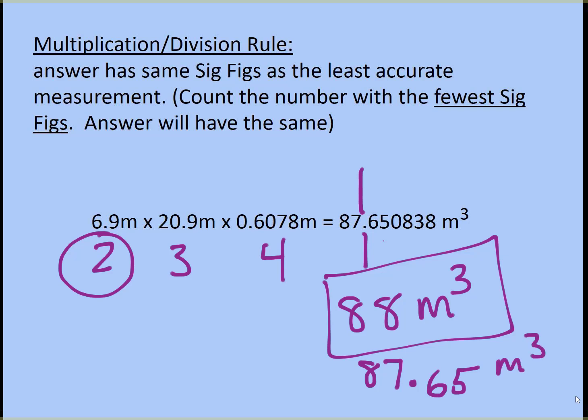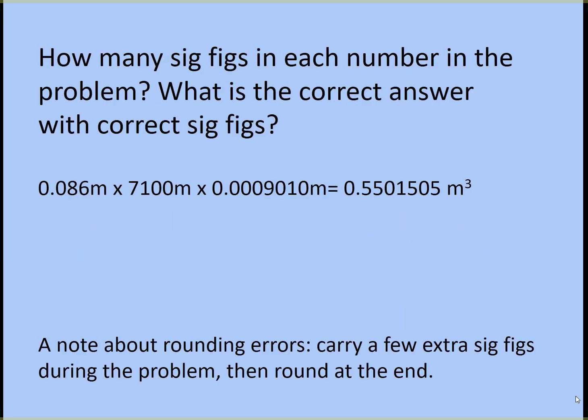So this is represented where it's kind of lower like that. It's telling me I only have 2 sig figs, and when I get all done, I'm going to round it. So it's just kind of a way to count how many sig figs you have, and then to maintain the number of sig figs in your answer as what you measured to begin with. Let's have you practice. So stop the video and practice, and then I'll give you the answer.